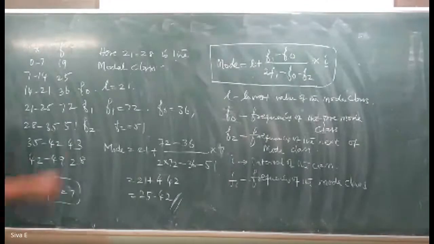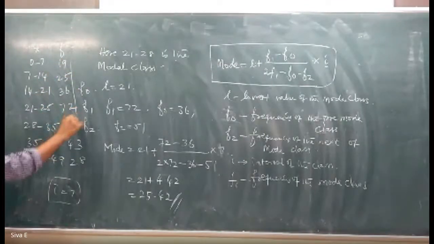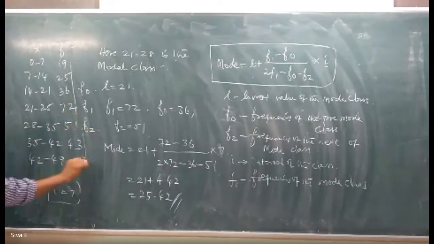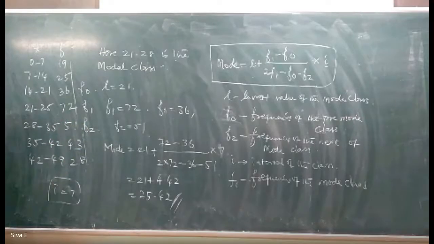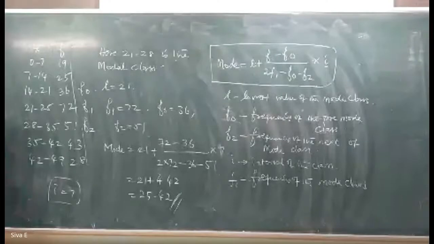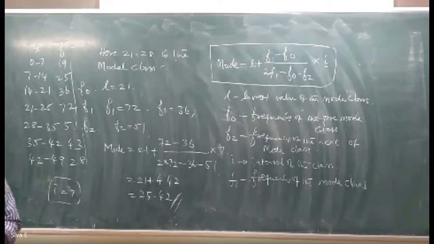Here it is clear: the frequencies are increasing and then decreasing. Sometimes the frequencies may be increasing and decreasing irregularly, and then we are not able to say which one is the exact mode. At that time you have to use a different method.